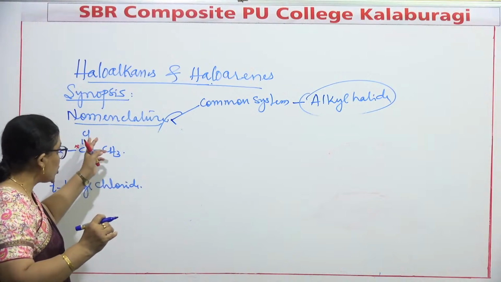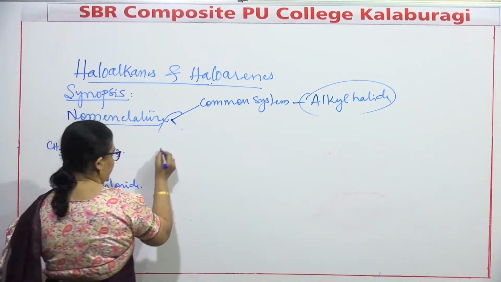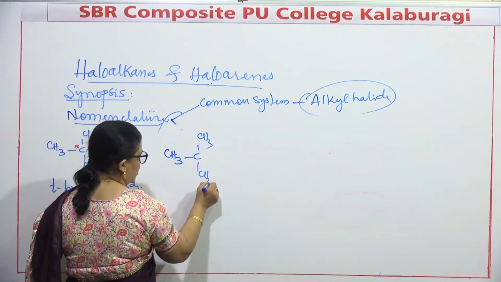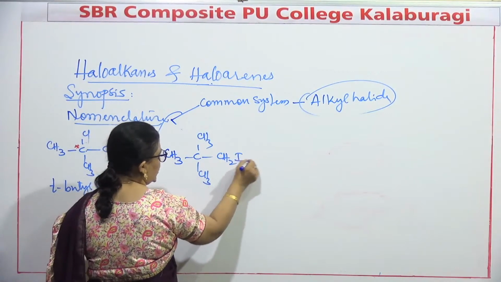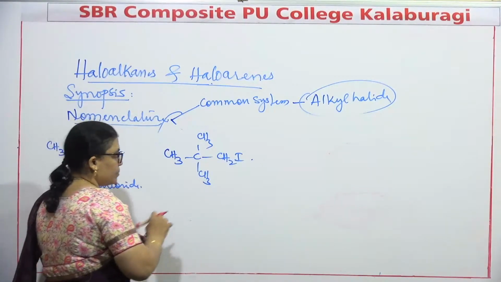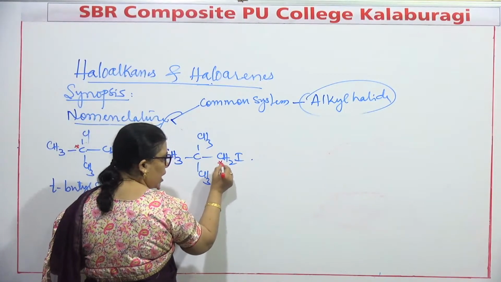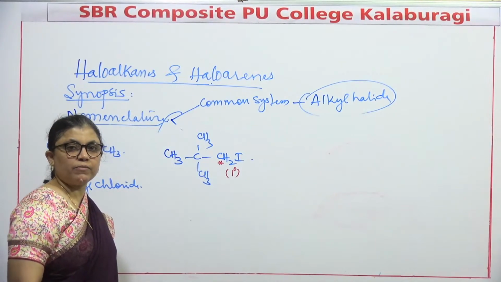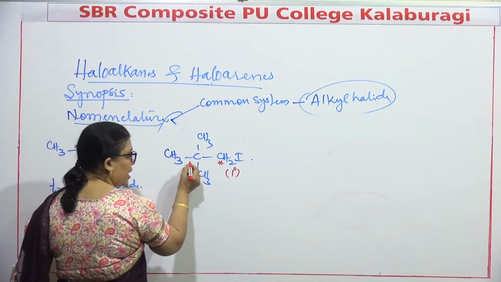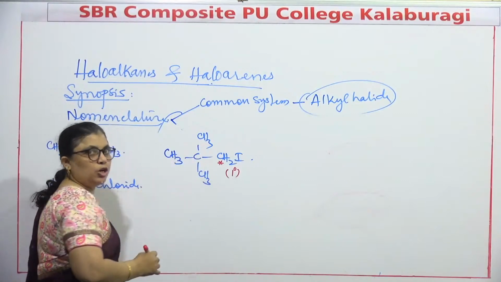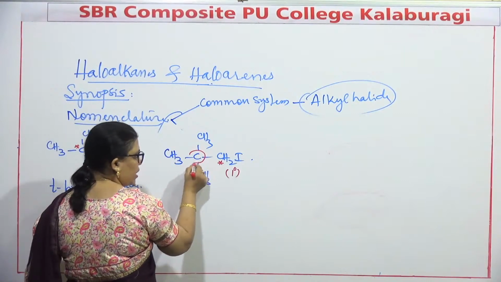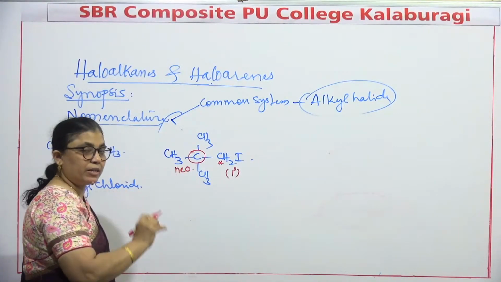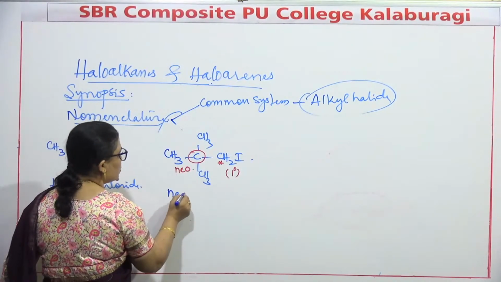Whereas, if the functional group is present on the next carbon atom, CH3, C, CH3, CH3, CH2, the halide is linked to a carbon which is primary in nature. But the next carbon atom is linked with four carbons. What is the nature of this carbon atom? Four-side carbon atoms are called neo. That's why it is called neo.